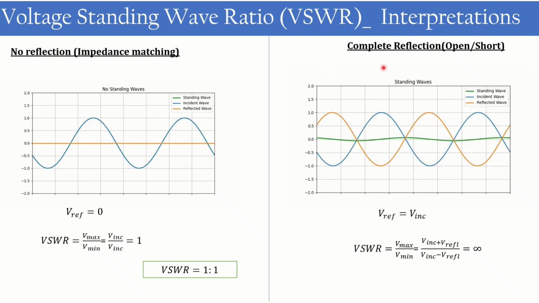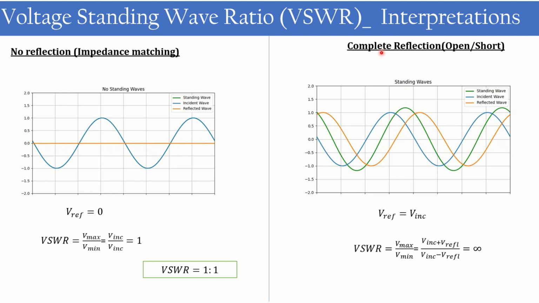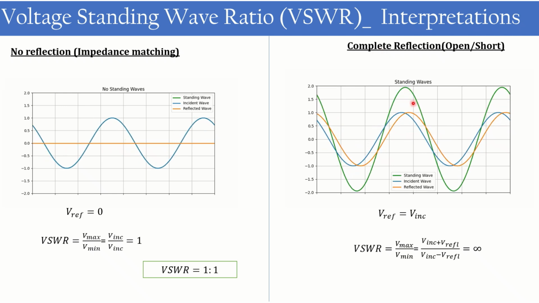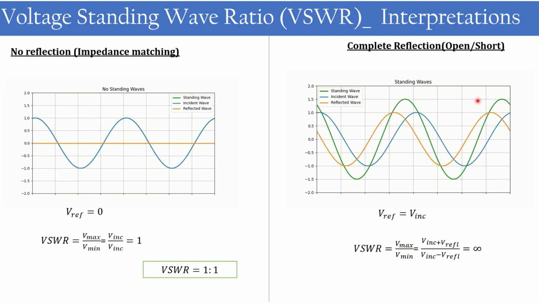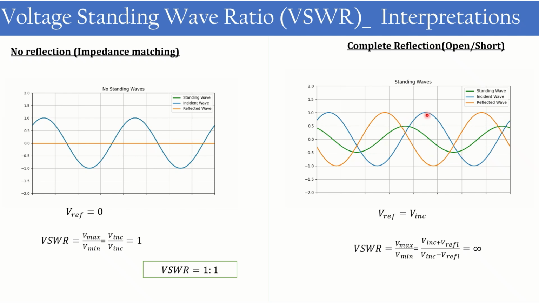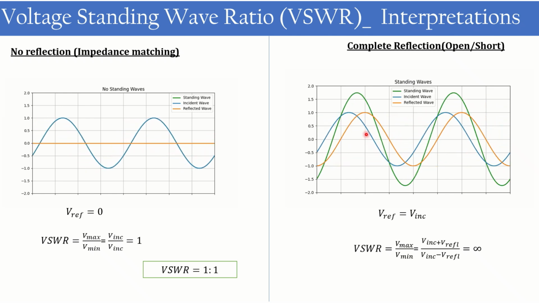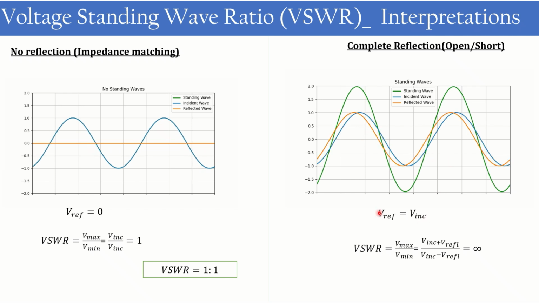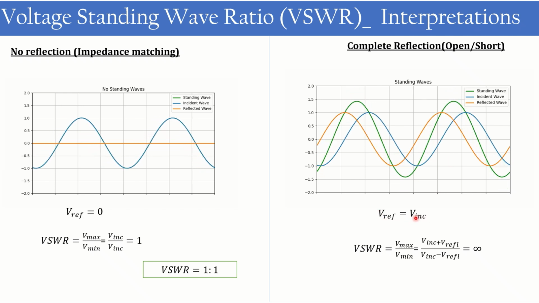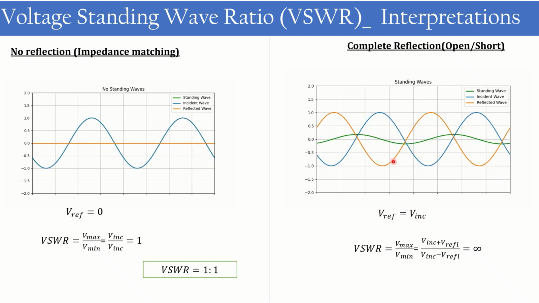And when complete reflection occurs, that is when the antenna is open or short, we know that the complete reflection will occur. So here you can see that the amplitude of the incident and the amplitude of the reflected wave is the same. So we can say that V reflected equals V incident. Here you can see the interaction.